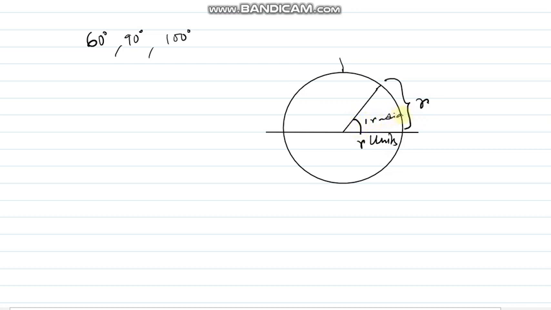Generally we represent 1 radian like this, 1 with a superscript c. This radian is also termed the circular measure of angle.